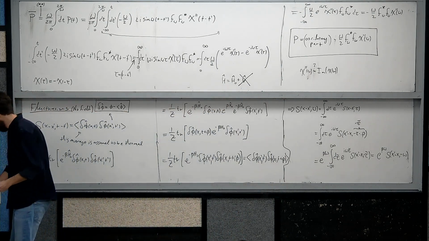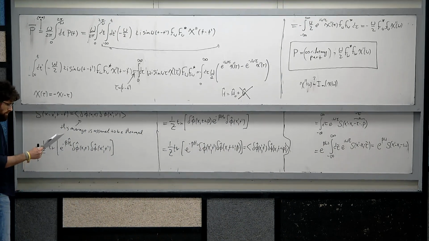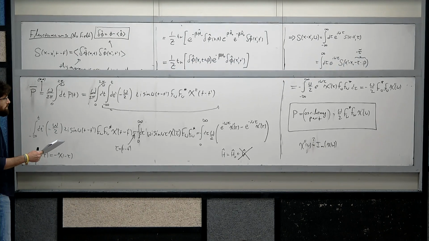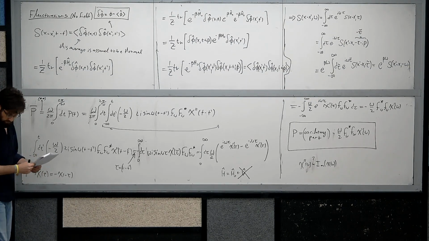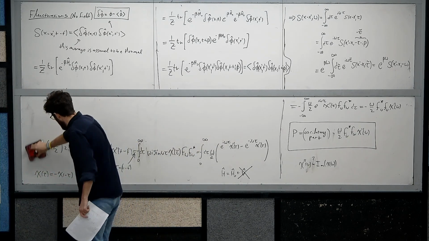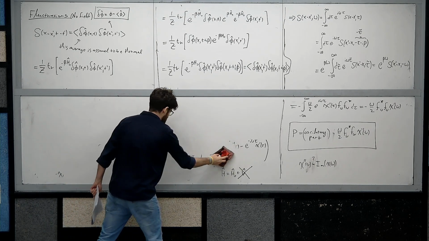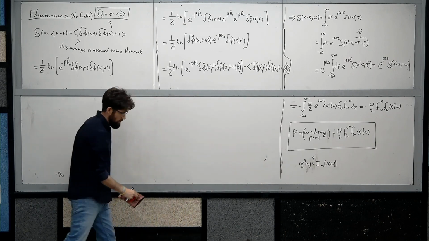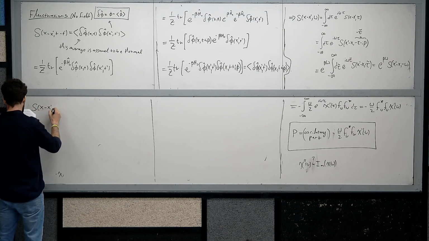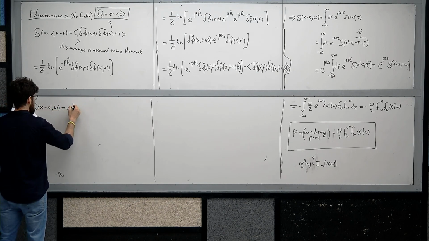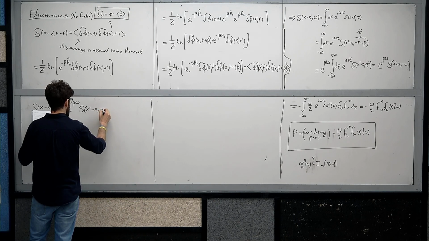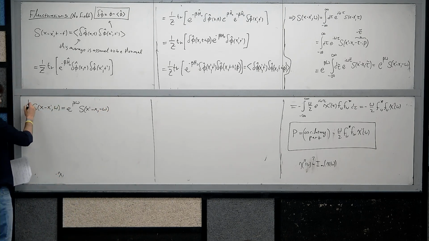So that leads me to the relationship, which is basically some sort of detailed balance, that S of x minus x prime and omega is equal to e to the beta omega S of x prime minus x and minus omega at thermal equilibrium.